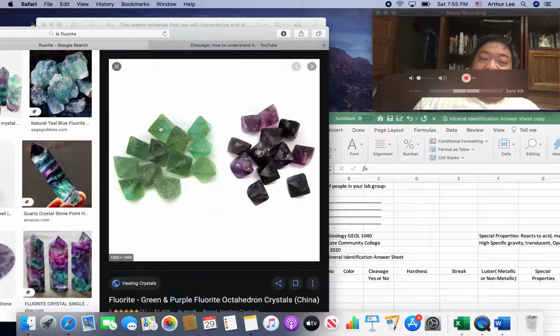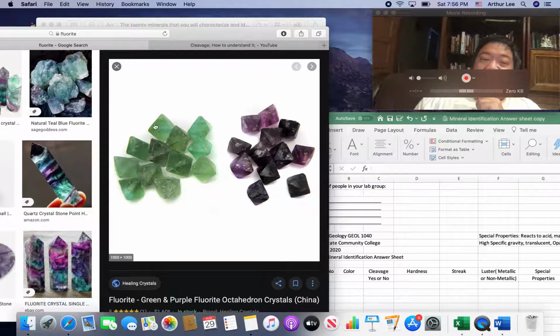Fluoride, if it does grow into crystals, is going to grow into an 8-sided crystal. Second thing that's going to help you figure out if it's fluoride or not. Fluoride will not scratch glass. That means it's softer than 6.5. And you cannot scratch it with your fingernail.